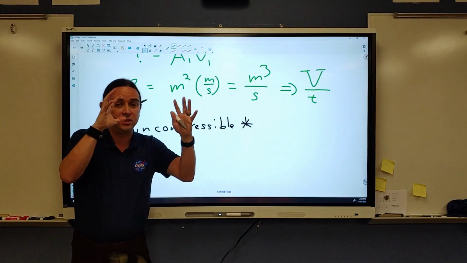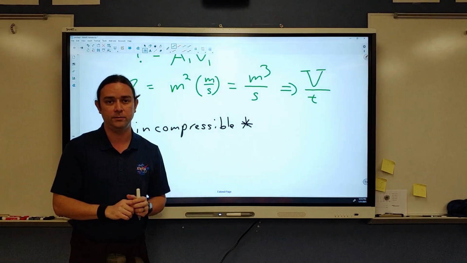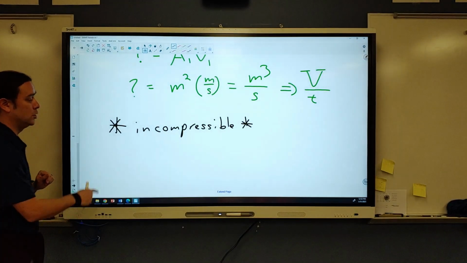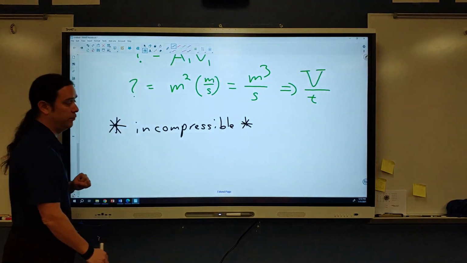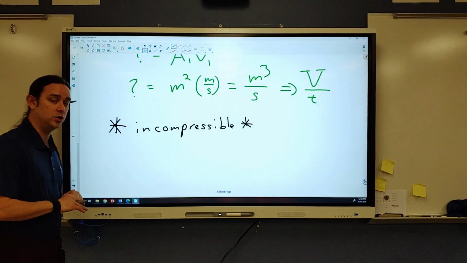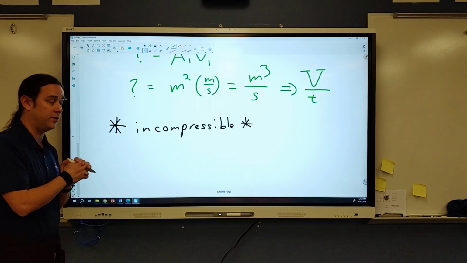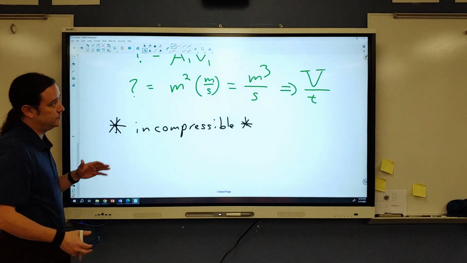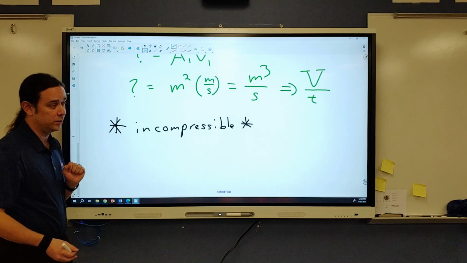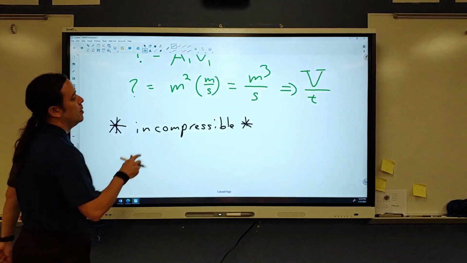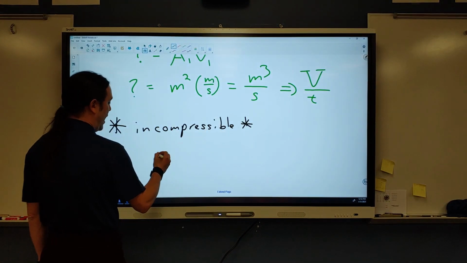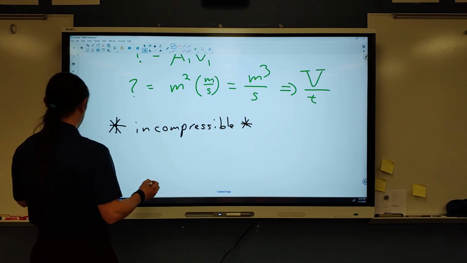That doesn't happen because somewhere in there we've squished one part of it. So this continuity equation assumes incompressible flow. If you try and apply it to a system where you do have compressibility, well, then that equation may not hold and likely won't.